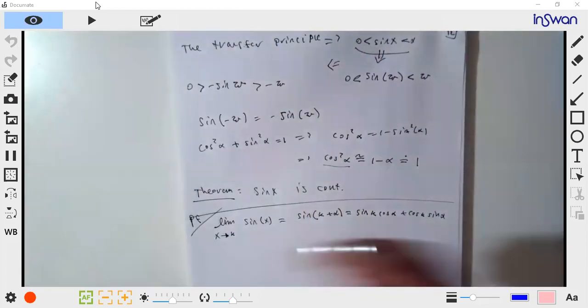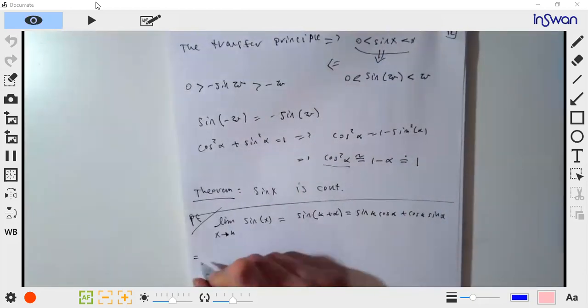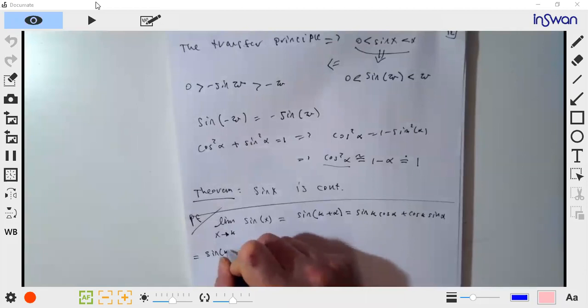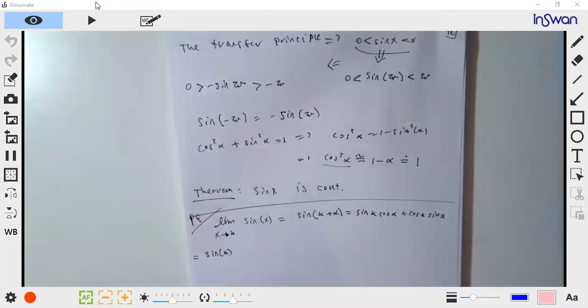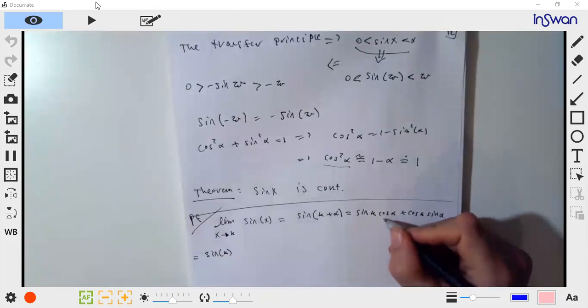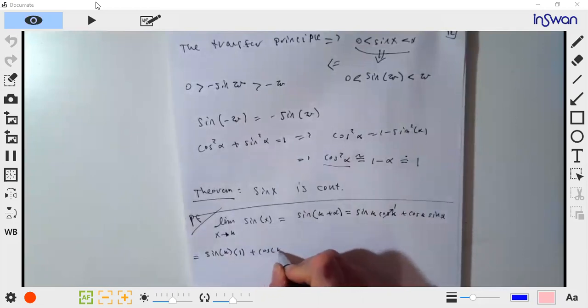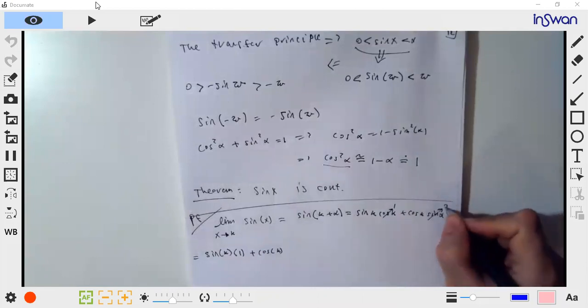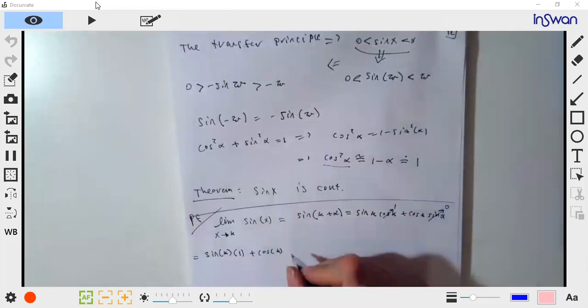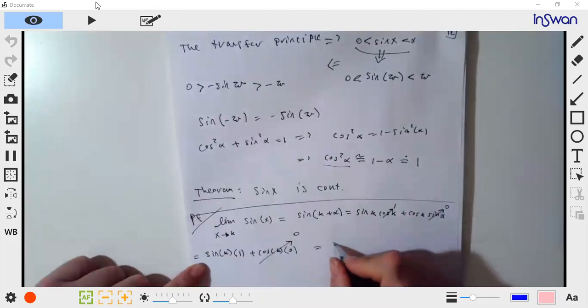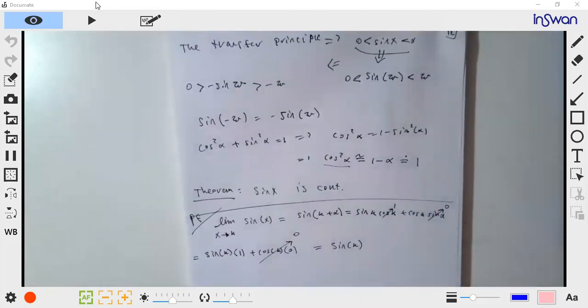Cosine of alpha approximates to 1 because alpha is basically 0 and cosine of 0 is 1. Sine of alpha is basically 0, so cosine of k is multiplied times 0, and this whole term goes to 0. Anything times 1 is itself. So sine of k plus alpha reduces to sine of k, which, what does this imply?